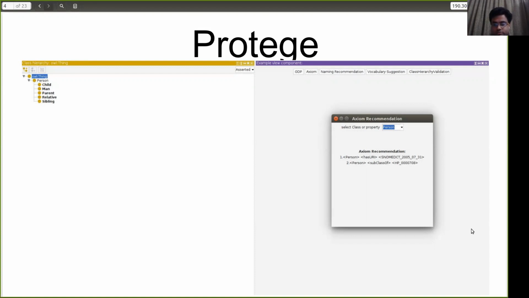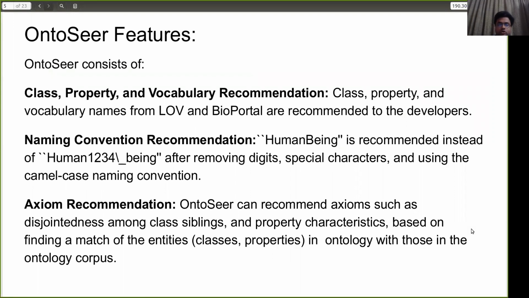Now moving forward, Ontosphere features. Ontosphere actually consists of 5 features, like class, property and vocabulary recommendation. Ontosphere recommends class, property and vocabulary names from LOV and BioPortal to the developers. Similarly, for naming convention recommendation, Ontosphere checks whether the classes or the entities have been named following the W3C conventions.